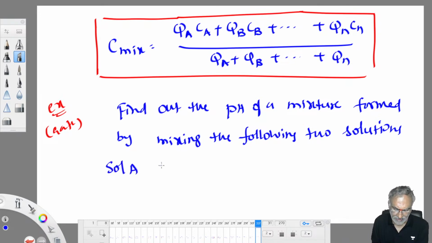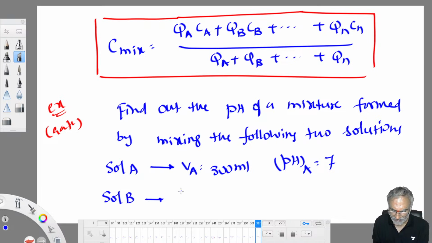Solution A, volume VA is 300 ml and its pH is equal to 7. Solution B, volume is 700 ml. Its pH is 5.